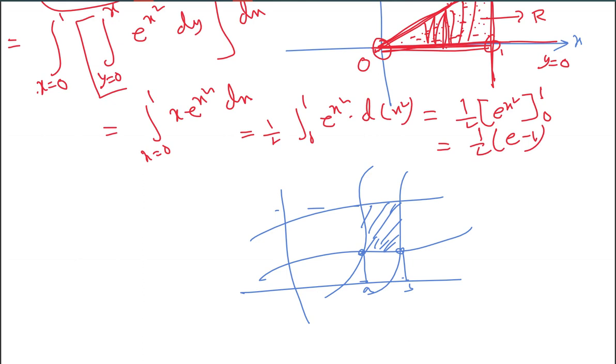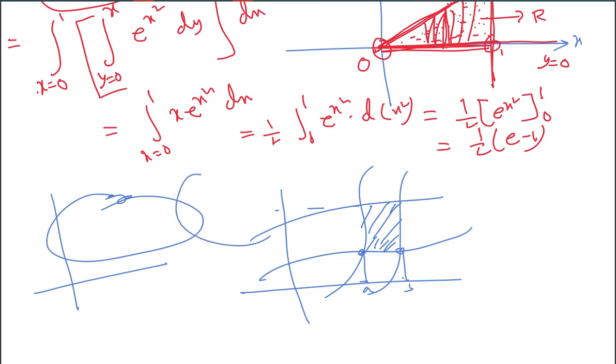Try to draw any curve, like suppose I am drawing like this, this line, this curve, and suppose this is the region. Again you have two points of intersection like this. For this particular problem, you have to break this down: first integrate from here to here, then from here to here. Sometimes you may have to break the region into 2 parts.